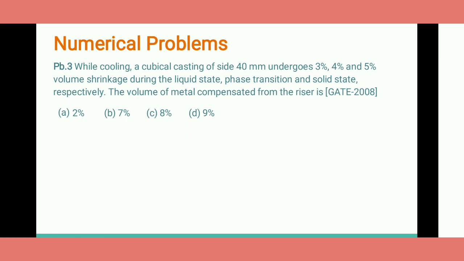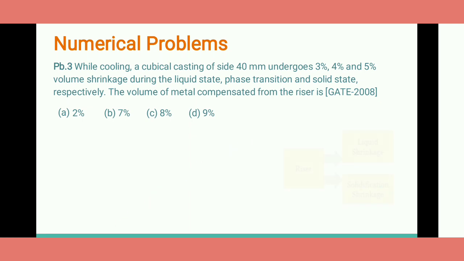Okay, so the volume of metal compensated from the riser. Now here the important thing is the riser, we have to think about the riser. One more thing is that it's not asking how much volume of metal is compensated from the riser, but whatever the rate of contraction is given to you, how much percentage is affiliated with the riser.